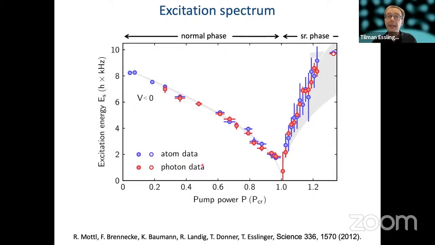Where you hit the resonance, either with the atom data or with the photon data, we make these data points. And then as we increase the pump power, we see a soft mode coming down in energy, and it comes down to 500 hertz. So that was the minimum that we could see. And then beyond the critical point, it goes up in energy again.